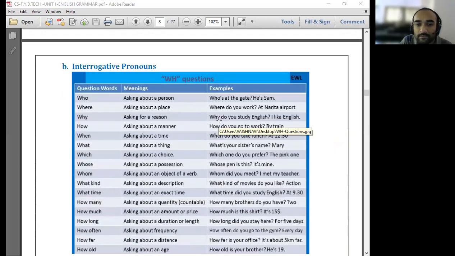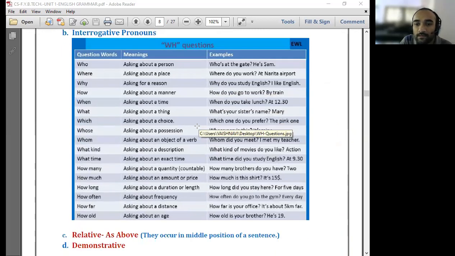Then we have seen the interrogative pronouns. The words or pronouns starting with the WH word can be called interrogative pronouns. For example, who, where, why, how, which, whose.